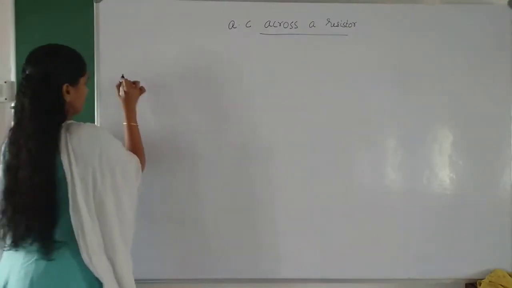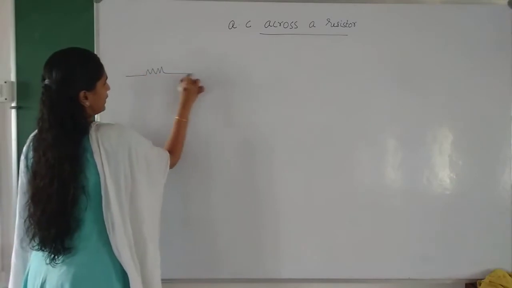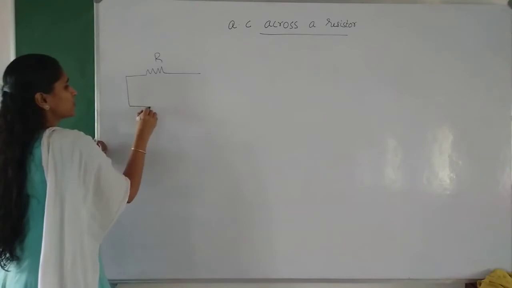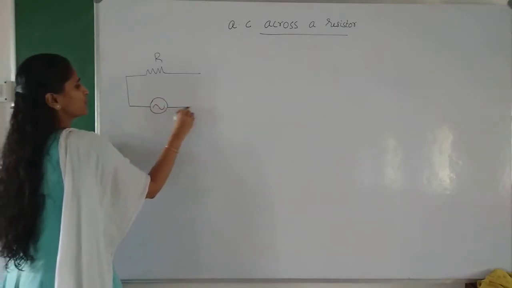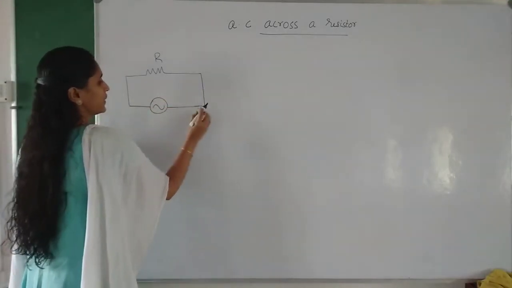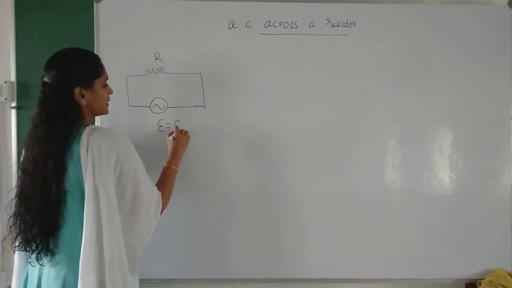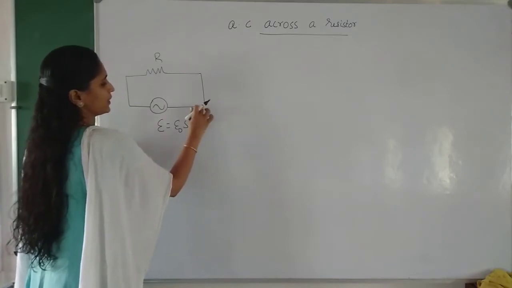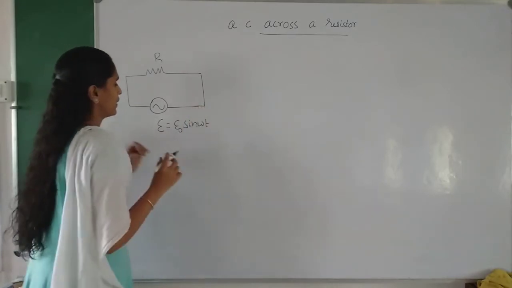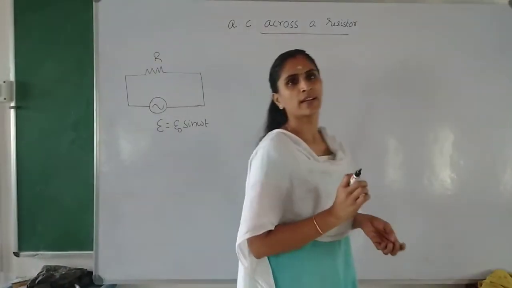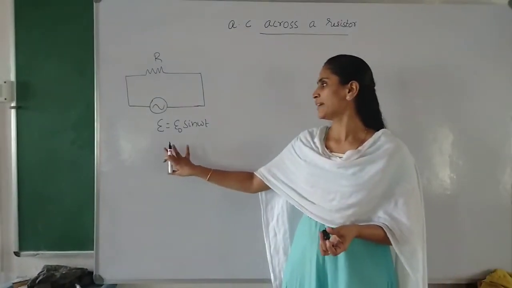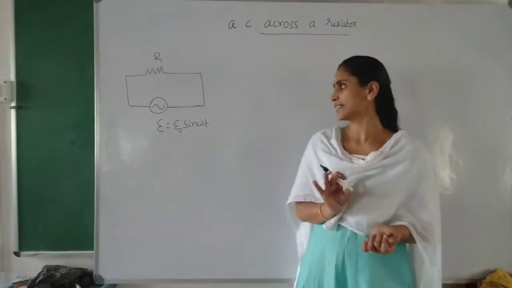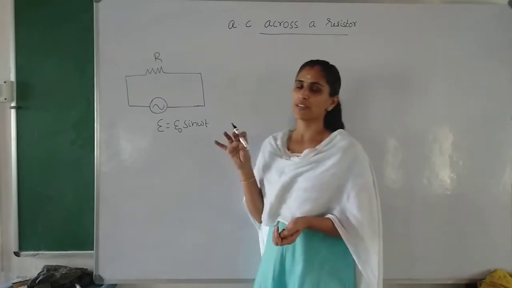We consider a resistor having resistance R. It is connected to an AC voltage which is given by E is equal to E0 sin omega t, and R is the resistance of that circuit.